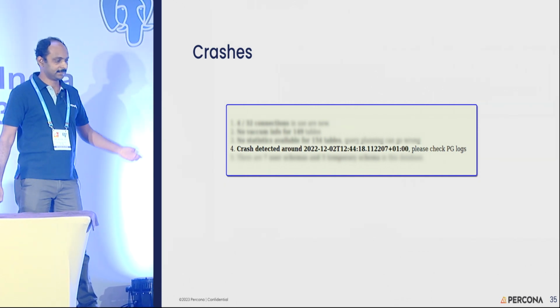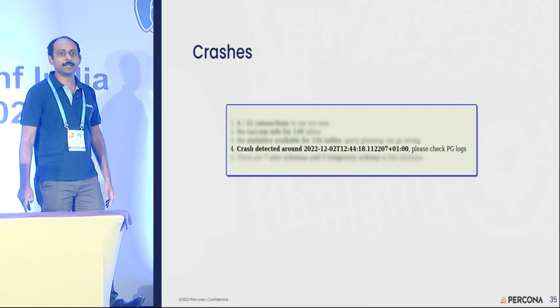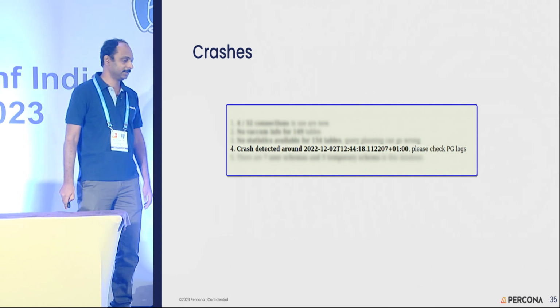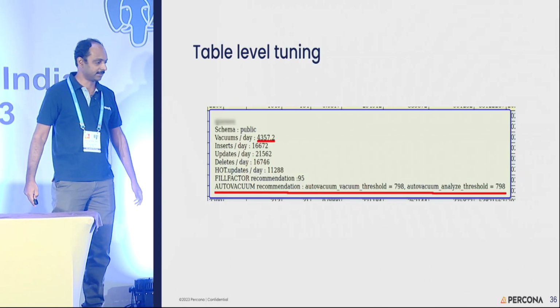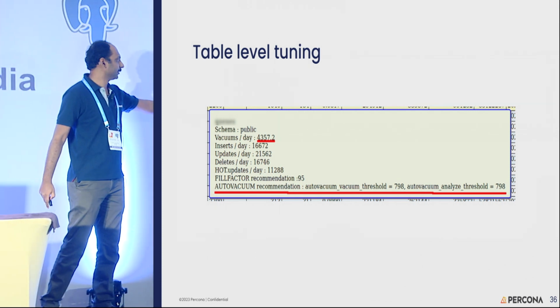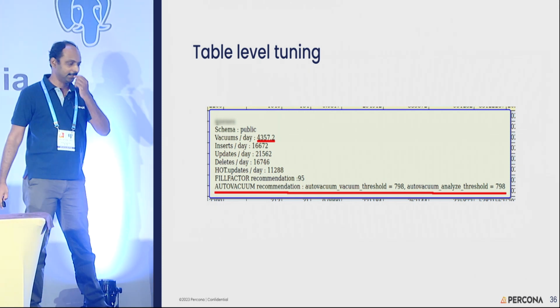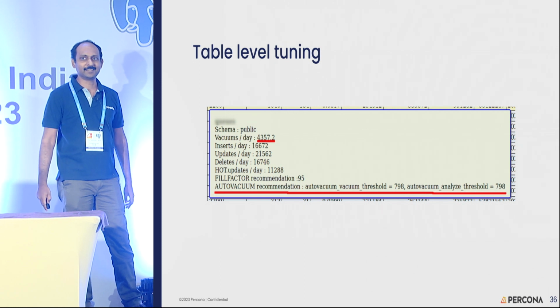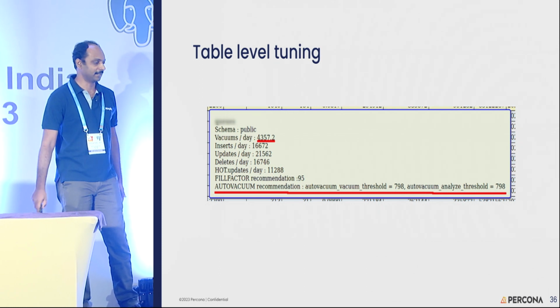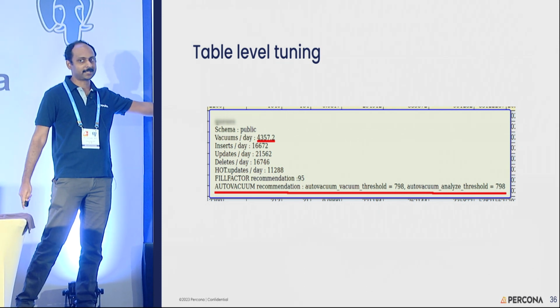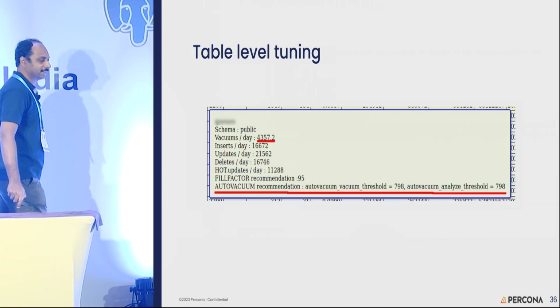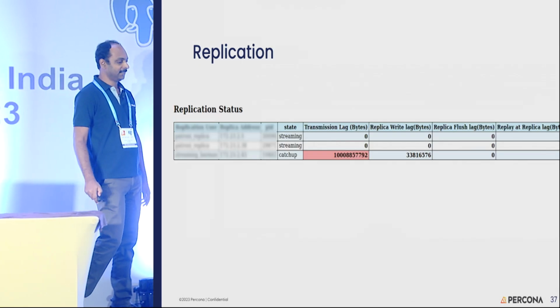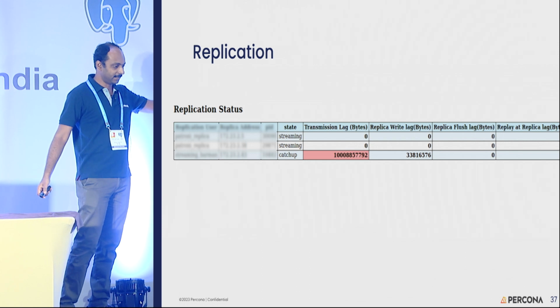If there is a crash, it should be detected and analyzed. So the tool should help us on that. And the autovacuum recommendations. Yesterday somebody asked how we handle it if there are too many autovacuum runs on a table. Table-level autovacuum settings can be used, which can eliminate those problems. And the tool should again help there.